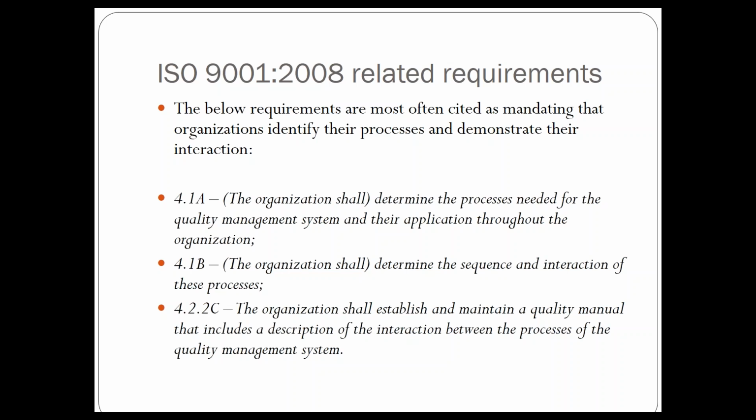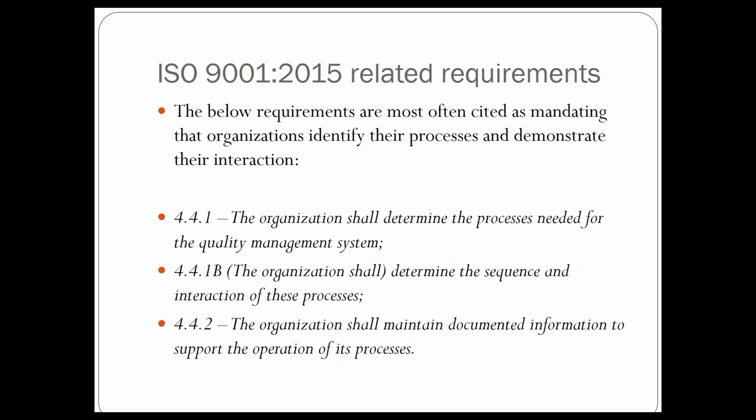And then also, the organization shall determine the sequence and interaction of those processes. And then ISO 9001-2008 also required in section 4.2.2c that the organization maintain a quality manual. And that quality manual had to include a description of how the processes interacted with each other.